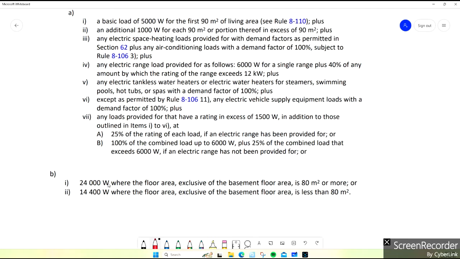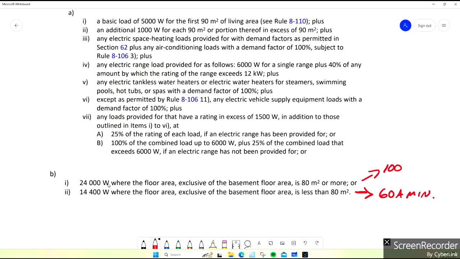Right, so there is a minimum that you can have. So this guy here would be 60 amp min, and if it was 80 square meters or more, then you have to apply a basic load of 24,000 watts, which would give you 100 amps.